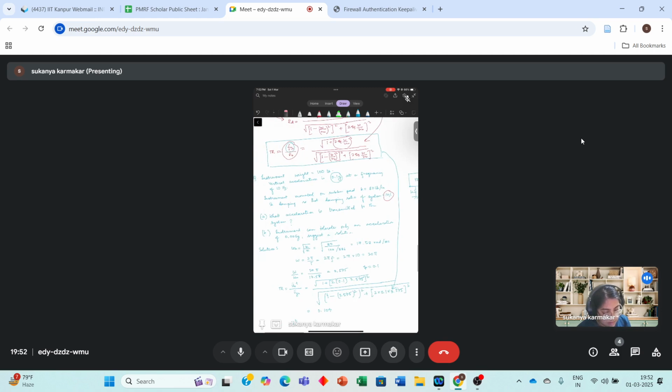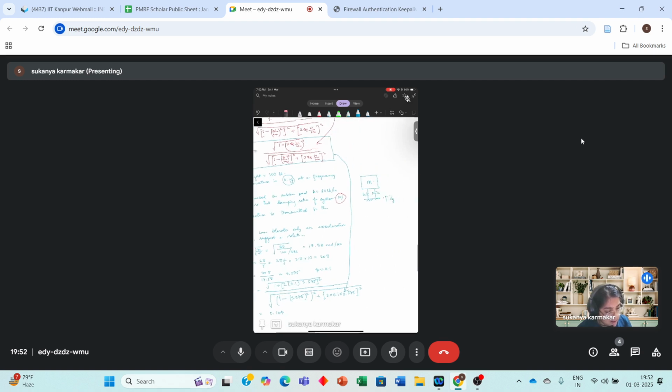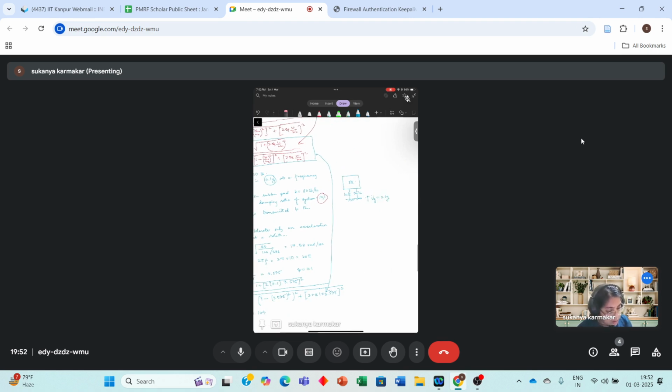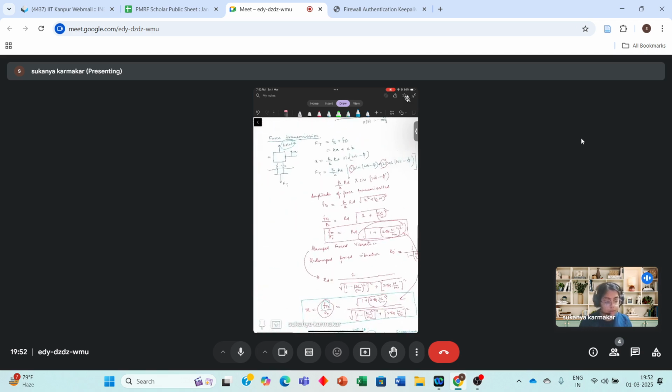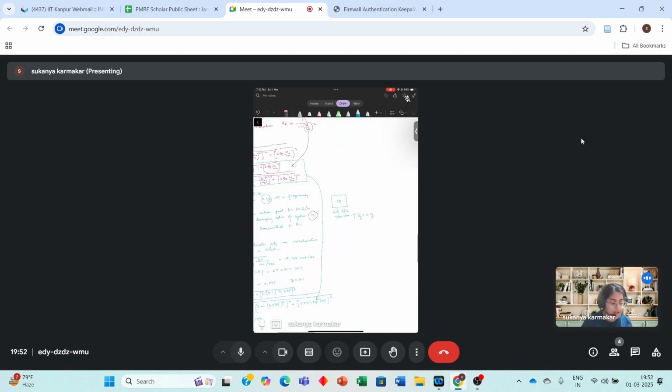So this is clear, that the weight of the instrument is some 100 pounds, and it is subjected to a vertical acceleration of 0.1 g at a frequency of 10 hertz. So earlier, what did we do? We were applying a force of P naught sine of omega t. Instead of that, what is happening? My ground itself is moving, right?